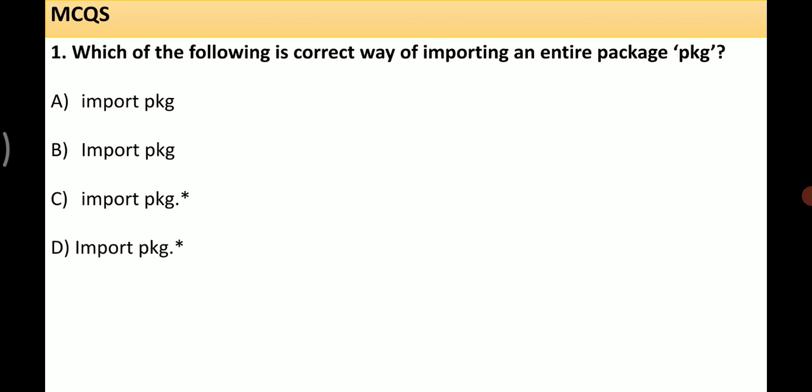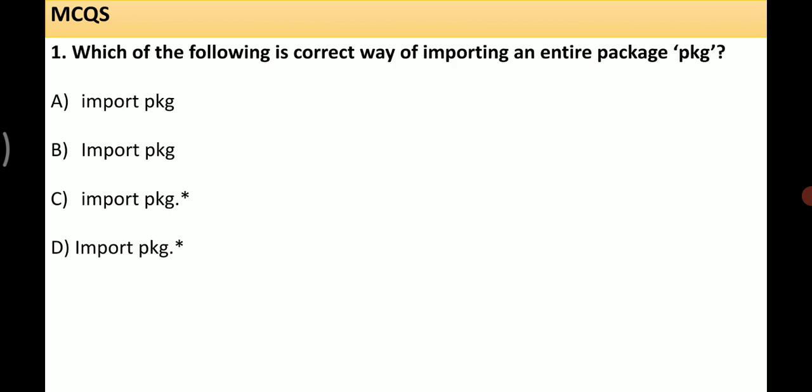The first question is, which of the following is the correct way of importing an entire package, that is PKJ? We have the options: import PKJ, import PKJ, import PKJ dot star, import PKJ dot star.